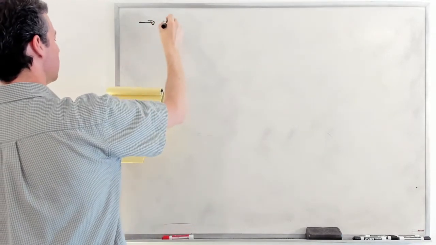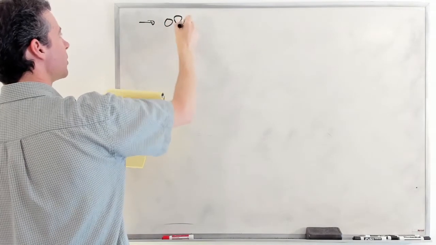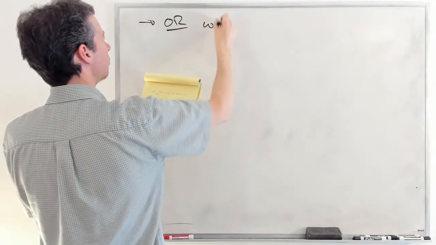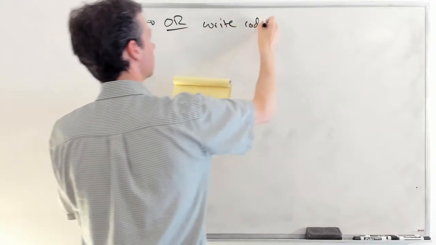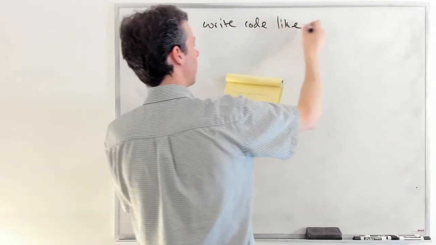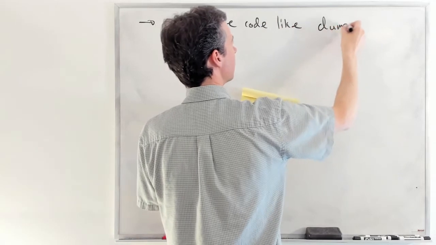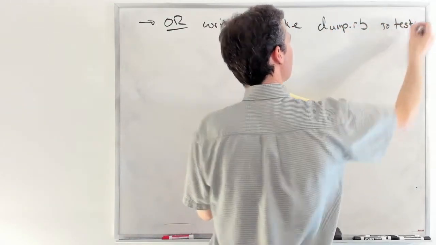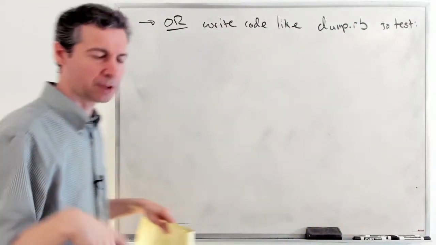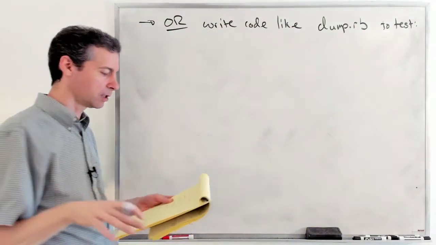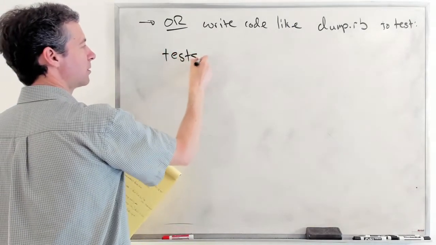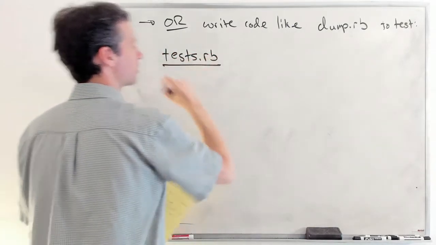You could have this notion, instead of going into the console, or you could write code like you saw with the dump.rb. You could do that to test it. You could write code right up there in the dump.rb in the root directory. So you could write some code in tests.rb. So this is the file name.